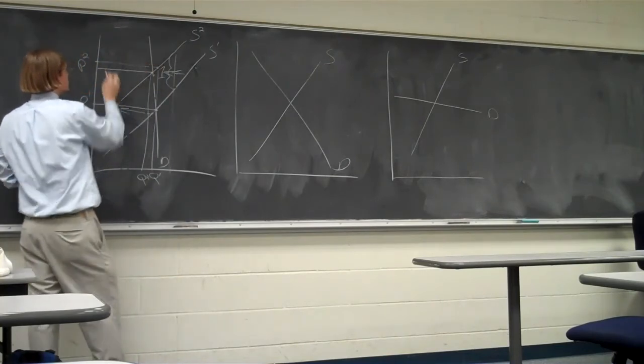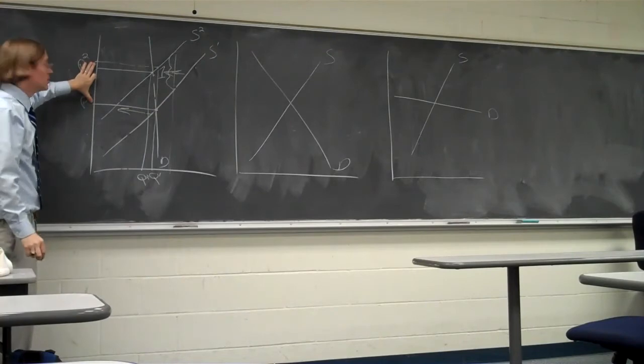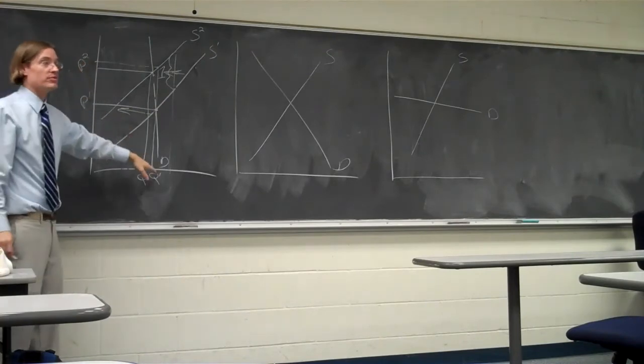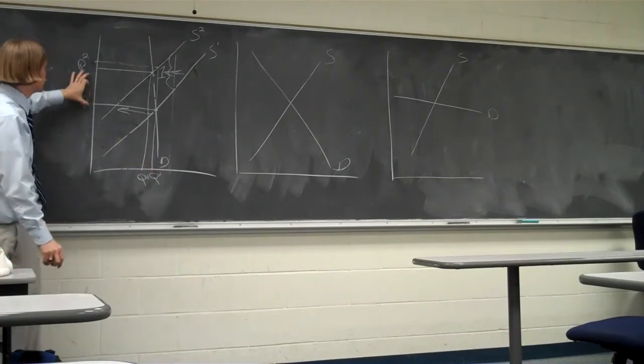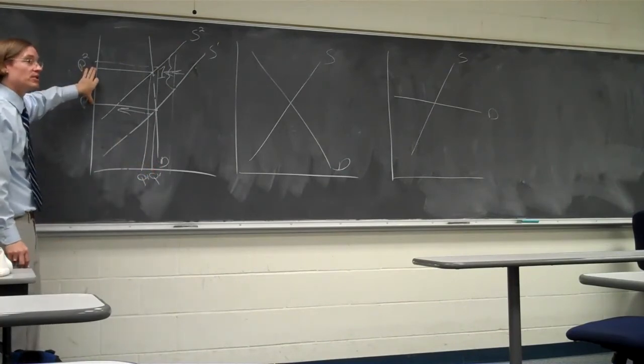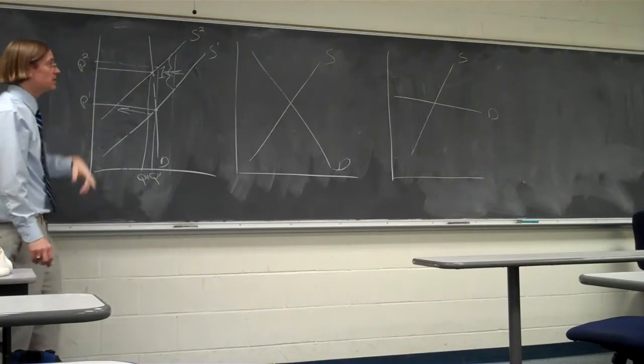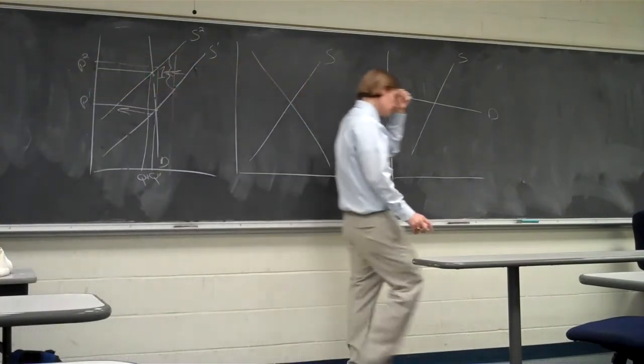So it's less than. So this would be $1, right? So here, because it's not a perfectly inelastic demand curve, because it's just close, then the consumer is going to pay almost $1 extra.